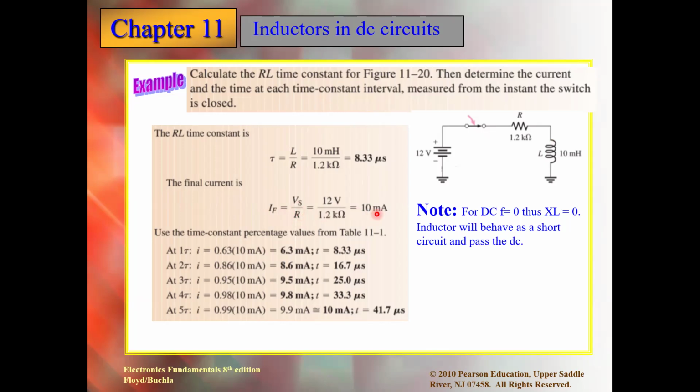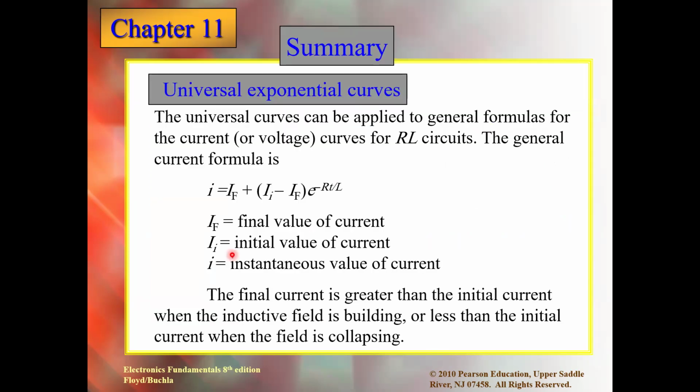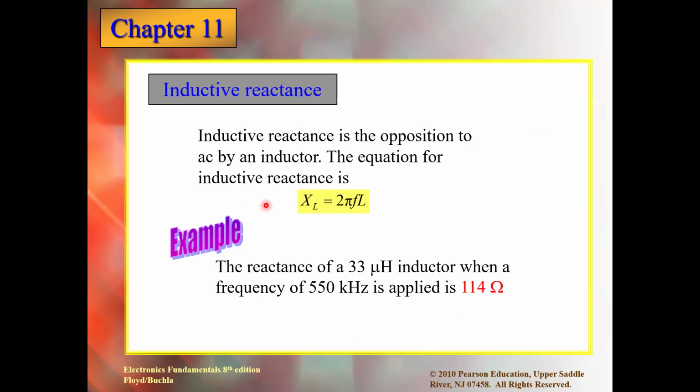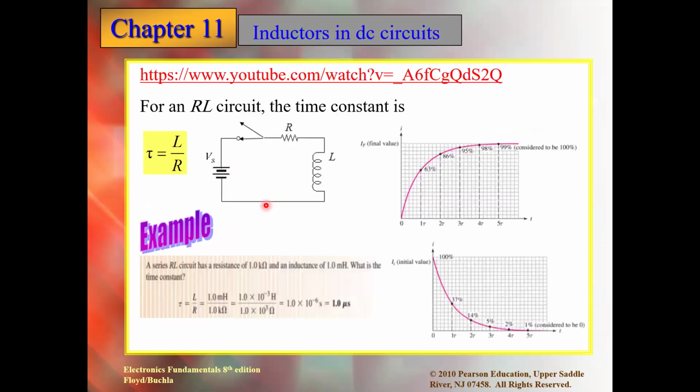Now, once you know the final current, we can calculate the current at different instants of time. We solved a similar question for the RC circuit, but here we use a different way: the exponential curve. If you remember the exponential curve, in one time constant it charges to 63%, in two time constants 86%, in three time constants 95%, and in four time constants 98% of the final value, right?